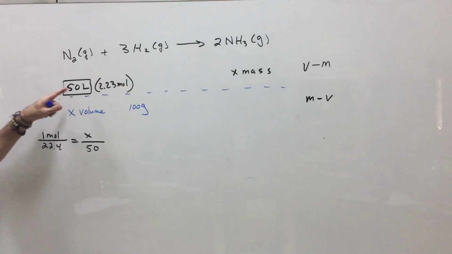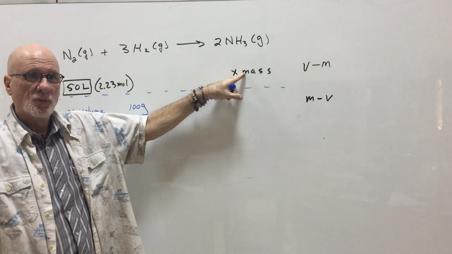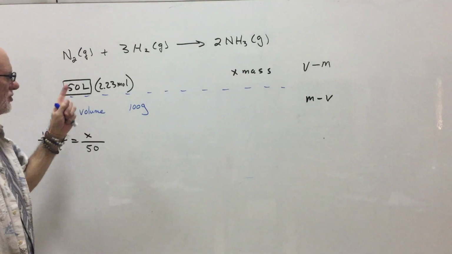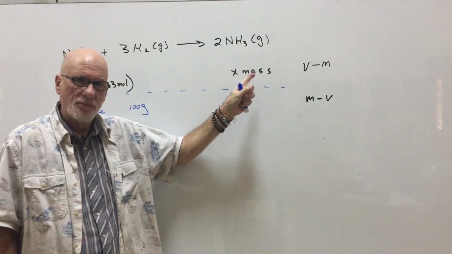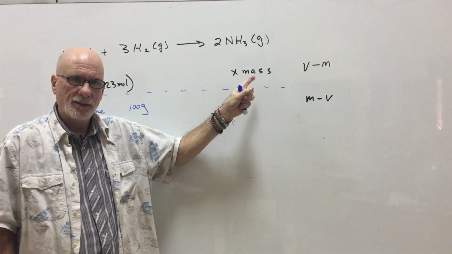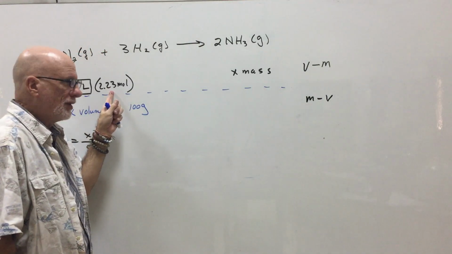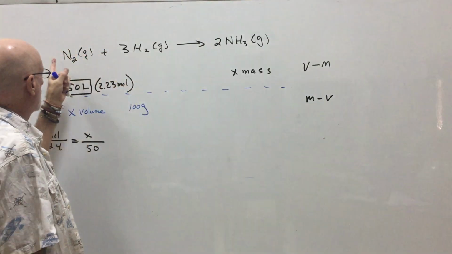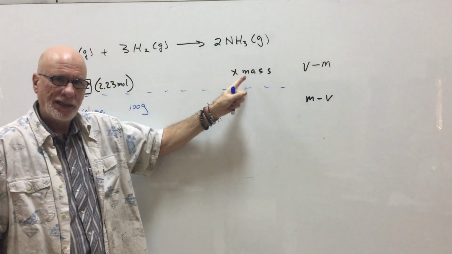So I start off with 2.23 moles. What mass am I going to get? Well, if I have 2.23 moles here, how many moles of ammonia will I produce? Well, if this is 2.23, isn't this double? Because it's 1 to 2. For every 1 here, I get 2 here.